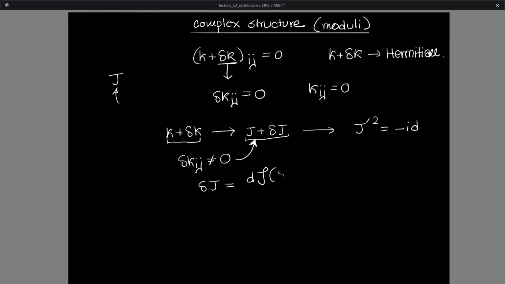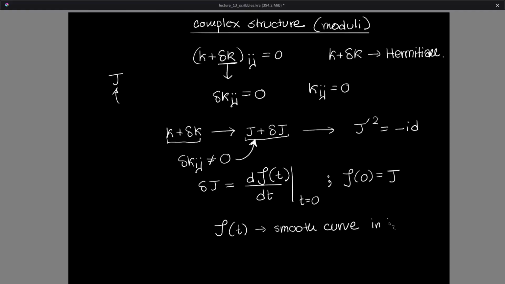So we've got d/dt of curly J of t at t equals 0, such that curly J of 0 is equal to our current J, the old J. And so what is J of t? J of t is a smooth curve in the moduli space, M_CS.